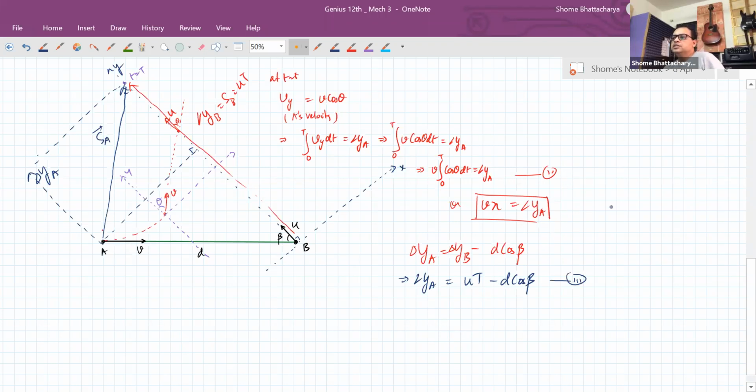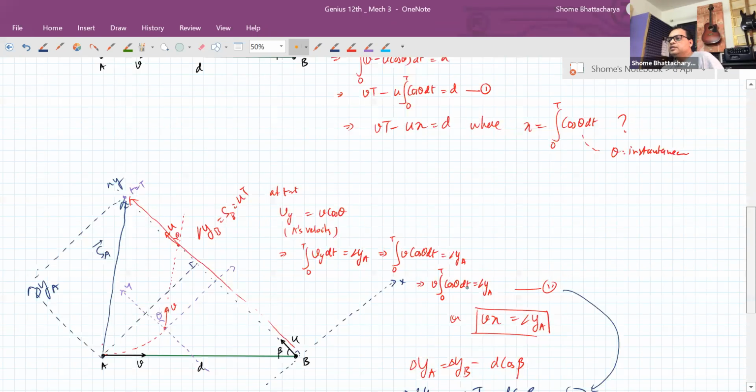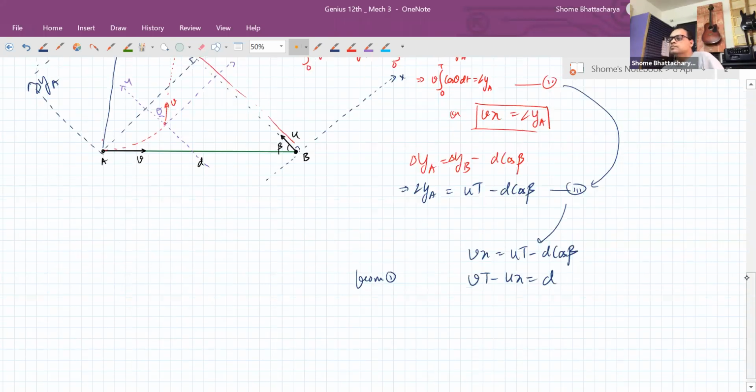So from this and this, we can write that vx is equal to ut minus d cos beta, and from equation 1, which we had written earlier, we have got this, that vt minus ux is equal to d.